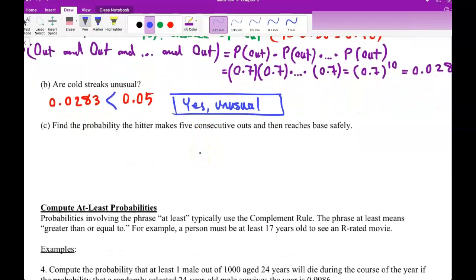Part C, find the probability that the hitter makes 5 consecutive outs, and then he reaches base safely. So first he had 5 outs, so 5 failures, and after that finally he got that one base, meaning that we have 5 failures and 1 success.